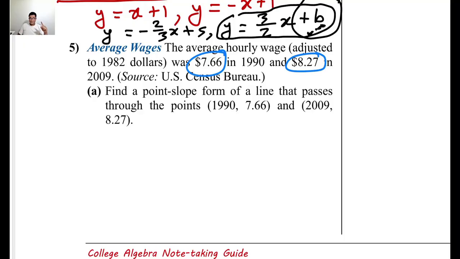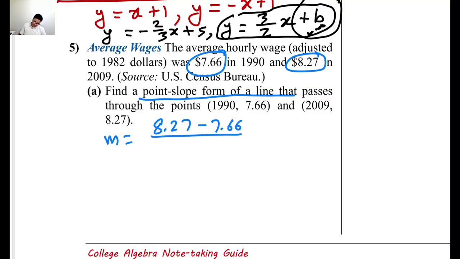Find the point slope form of a line that passes through these points. First of all, point slope form of an equation, right? So first we need to find the slope m, which would be 8.27 minus 7.66, y2 minus y1, divided by 2009 minus 1990.